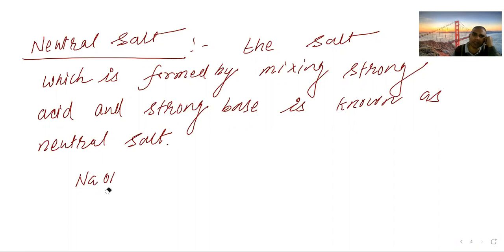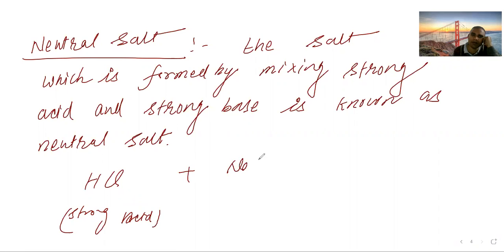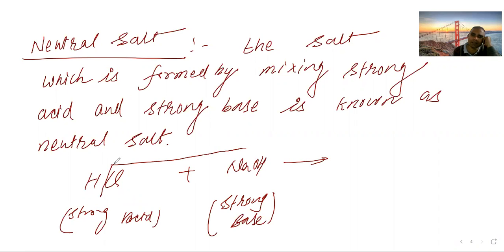Take the acid, HCl. HCl is a very strong acid, and NaOH is a very strong base. If you mix these together, the salt NaCl will form and the remaining water will form.